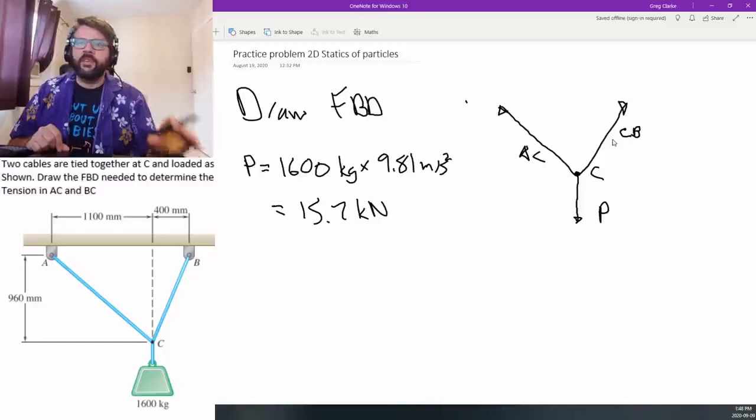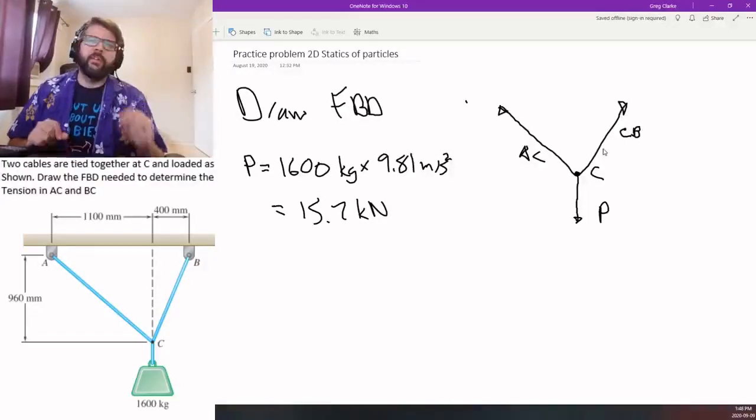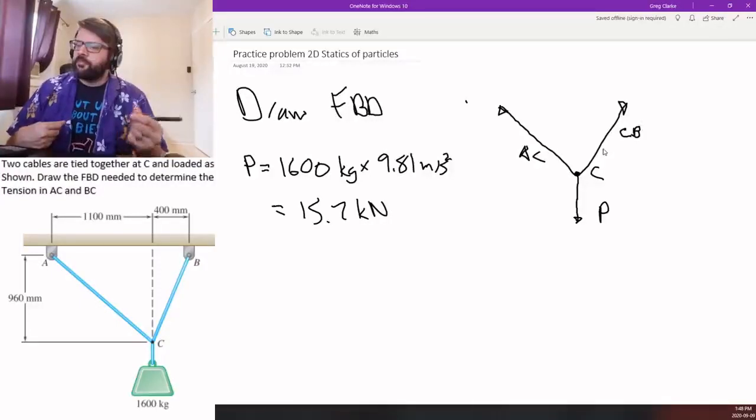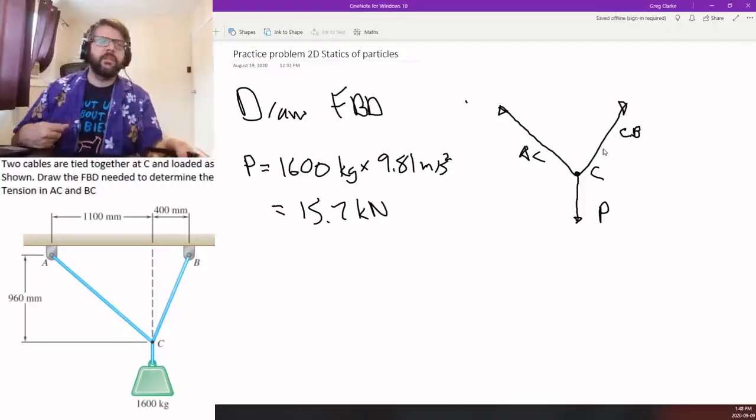So as a result, CB and CA, if they had the same magnitude, would have different horizontal components of the resultant force.